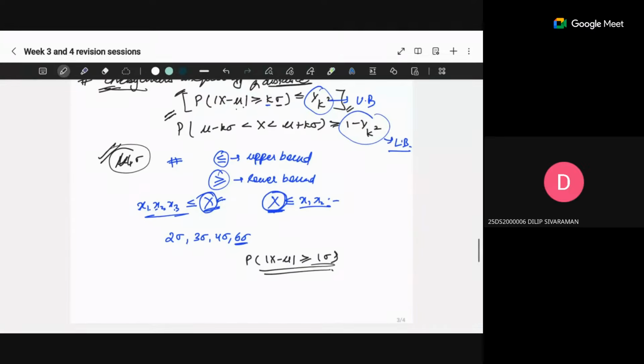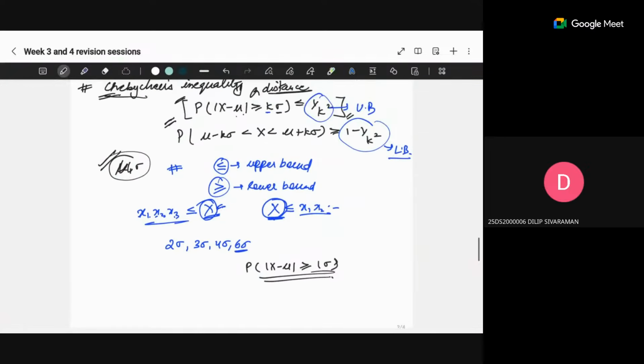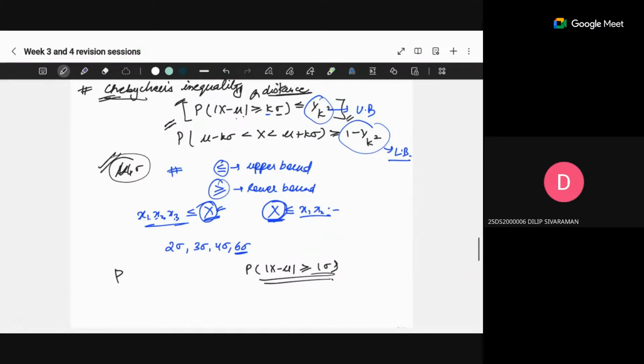Yeah, that is also correct. So the thing is, you are saying probability of mod of x minus mu less than epsilon is greater than or equal to 1 minus sigma square by epsilon square. It's the same thing.